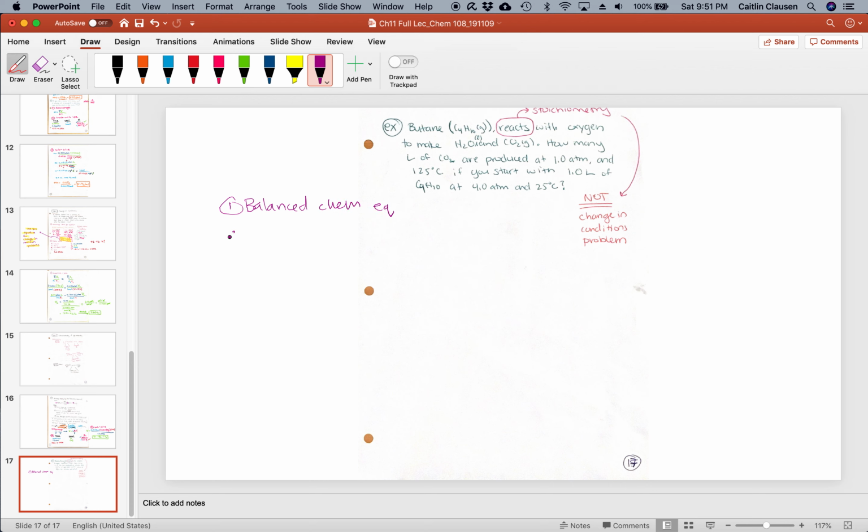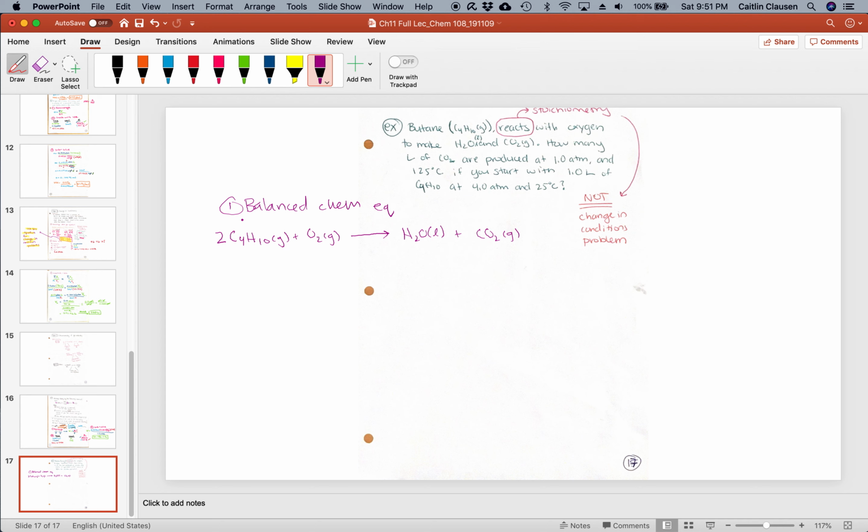We have C4H10 gas plus O2 gas reacts together, and you get liquid water plus CO2 gas. If you've already balanced this equation, great. If you haven't, please do so. If you have questions on how to balance it, let me know.